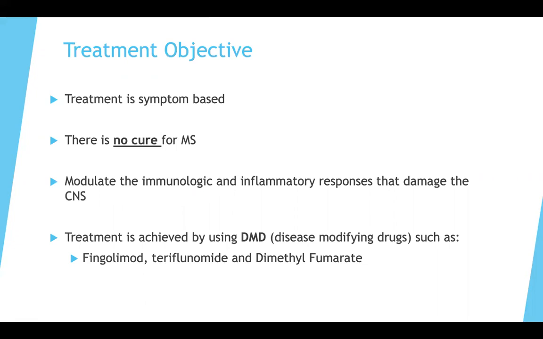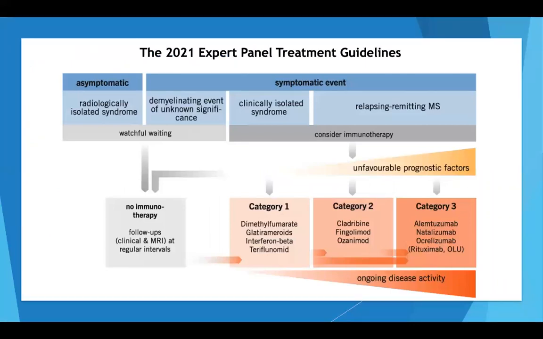The most recent 2021 expert panel treatment guidelines presented this figure to try to help conceptualize the decision to treat multiple sclerosis. So there's basically two groups.